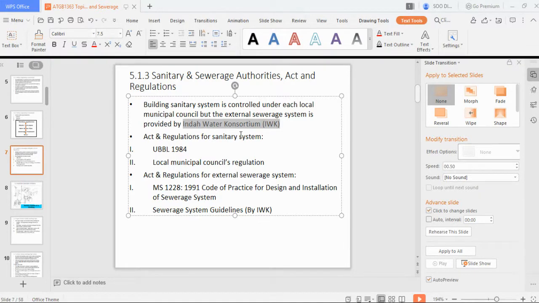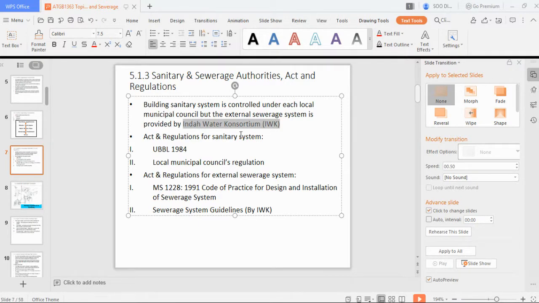Okay, in Malaysia, this is just for your extra information based on my working experience. What this one says is true. IWK, which is Indah Water Consortium, does operate the external sewage system.